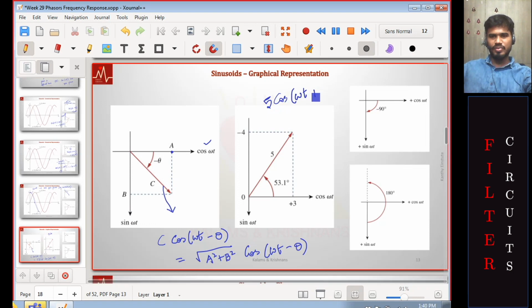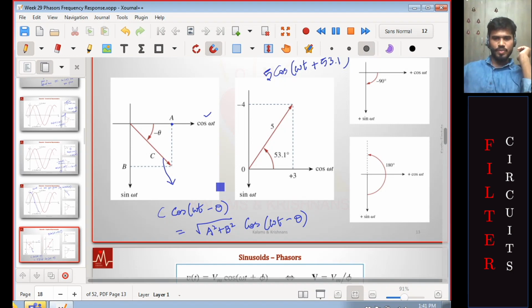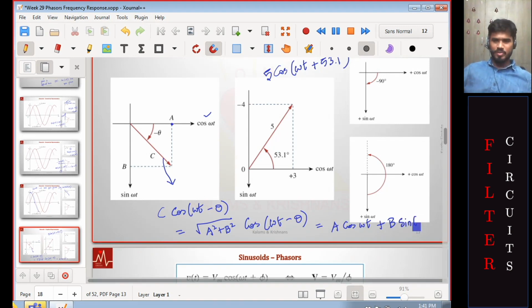Okay, add a phase of 53 degrees. In fact, here you should be able to write this as a cos omega t plus b sin omega t. Okay, this is what I meant by combination of a sin and cos omega t. You can go check the math using cos A minus B formula. It should hold good. Theta should be minus tan inverse of b by a.